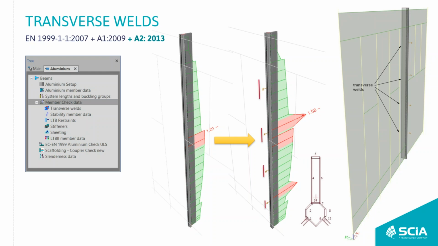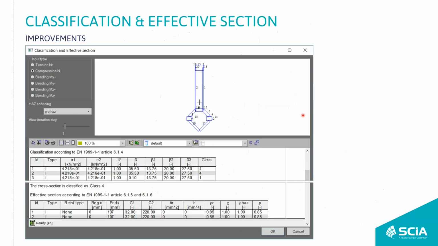What we also did in the case of the aluminium is that we made improvements of the output, and also the calculation of the effective section. Here it's a new dialog with the possibility to see all iteration steps which have been used inside the classification tool. So you can see every step in the classification routine, how it was calculated.